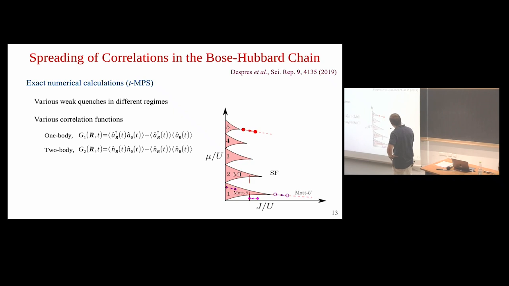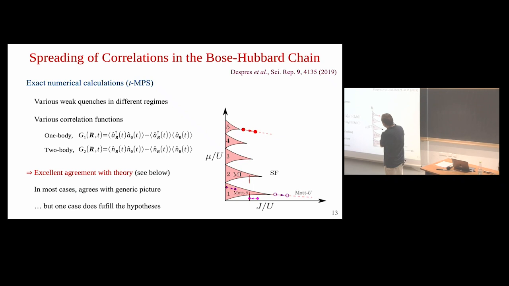And we make quenches, either in a mean field superfluid regime, or in a strongly interacting mean field regime, or inside one of the Mott lobes. And then we computed several correlation functions, either the one-body correlation function that is written over here, or the two-body correlation function that is written over here. And I will show you that this one has some peculiarities compared to the picture I gave you.